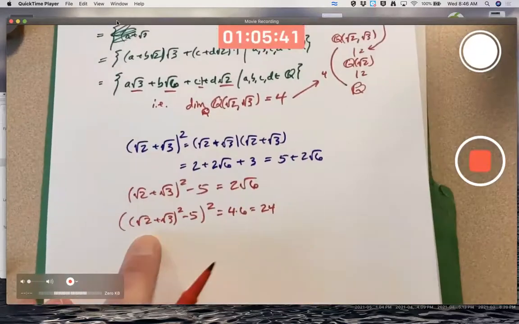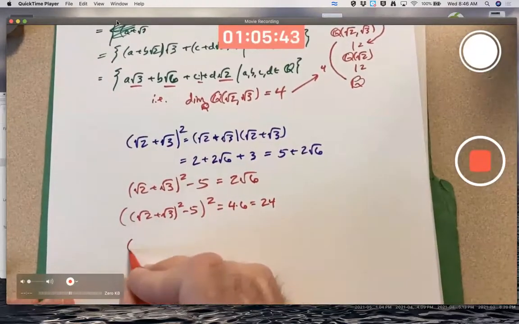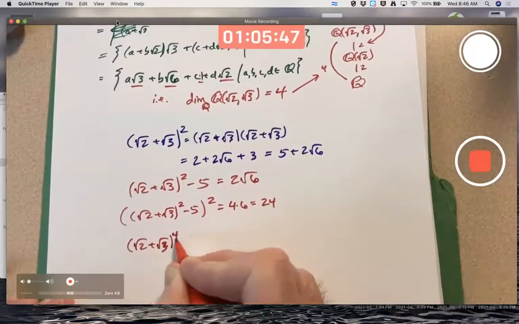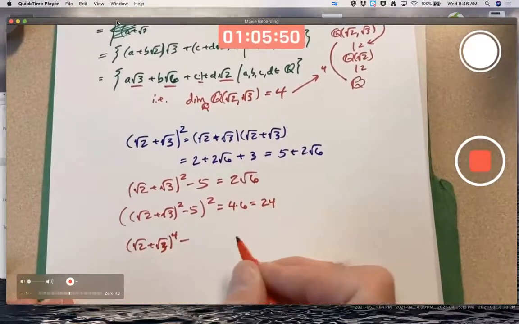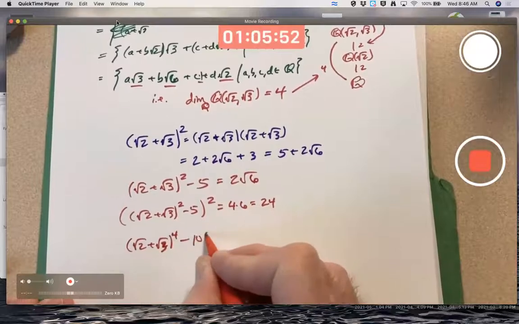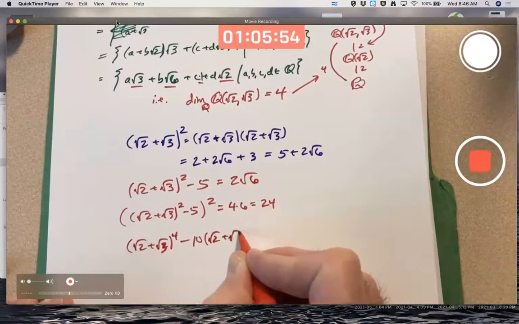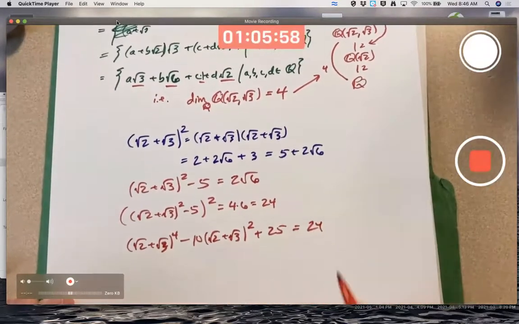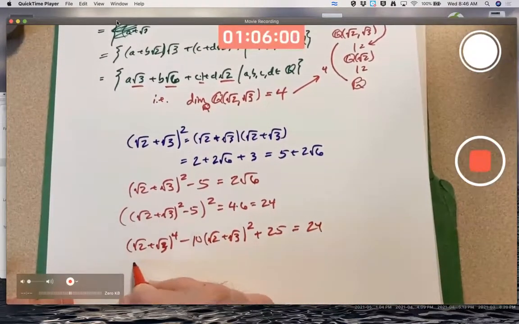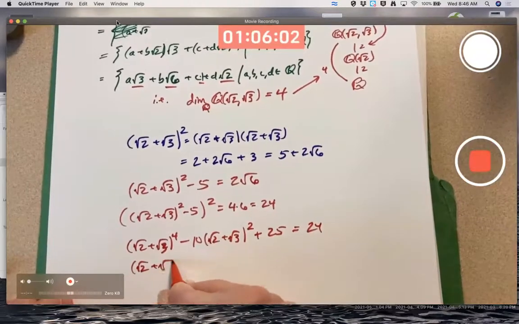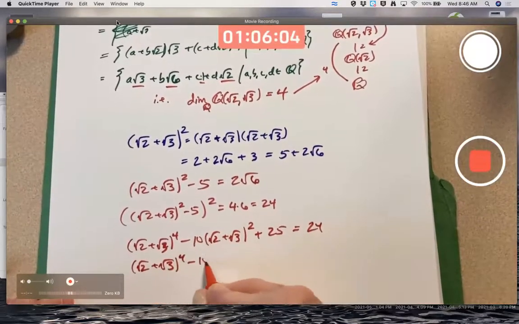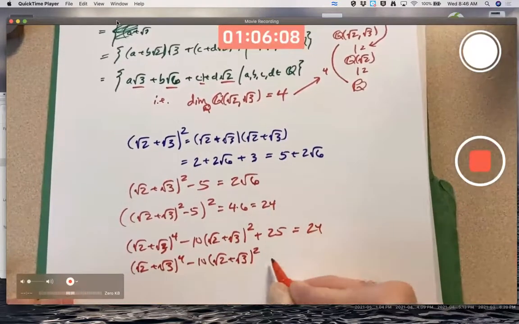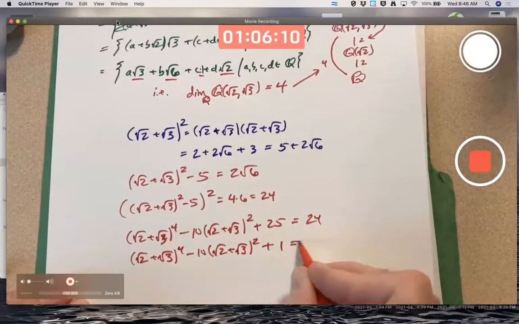And then I can multiply this out. Root 2 plus root 3 to the 4th power minus 10 times root 2 plus root 3 squared plus 25 equals 24. Subtract 24 from both sides, plus 1 equals 0.